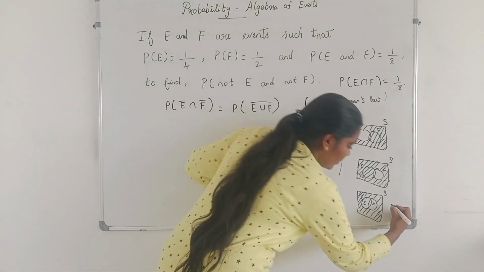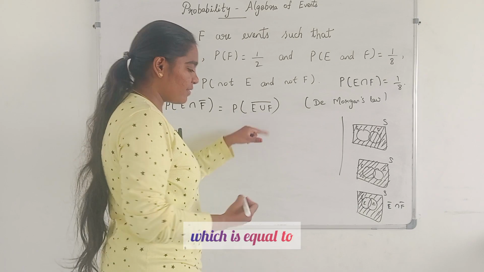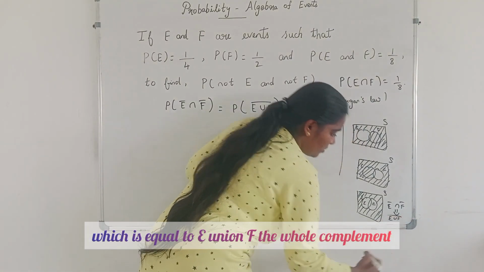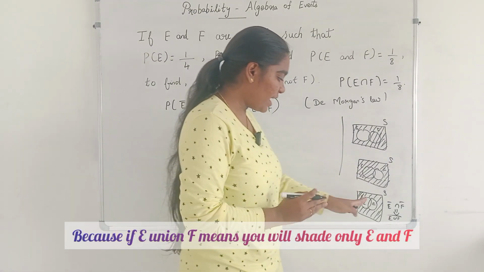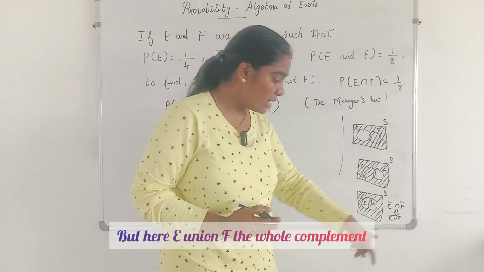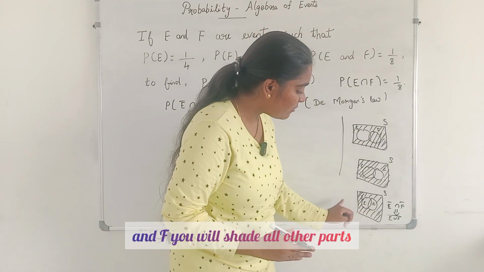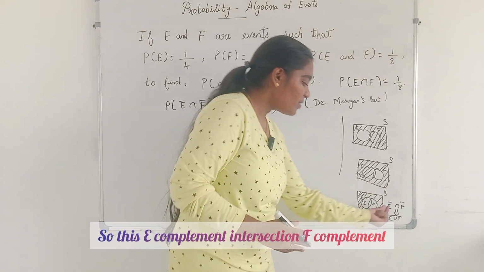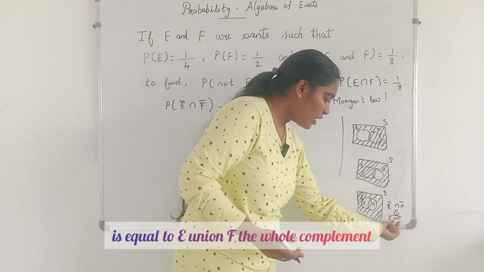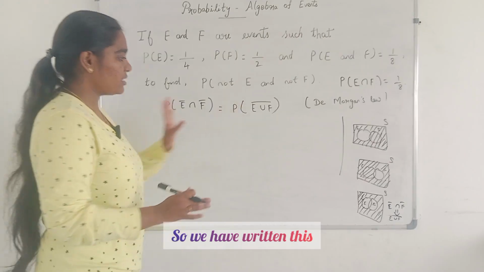So this is E complement intersection F complement, which is equal to E union F the whole complement, because E union F means you will shade only E and F, but here it is E union F the whole complement. So except this E and F you will shade all other parts. So E complement intersection F complement is equal to E union F the whole complement. So we have written this.